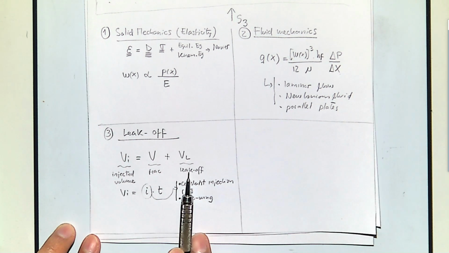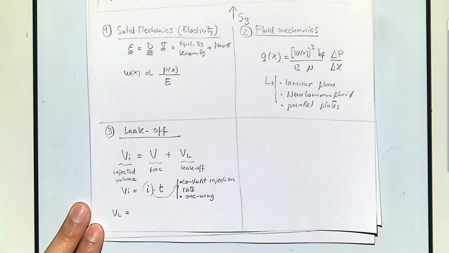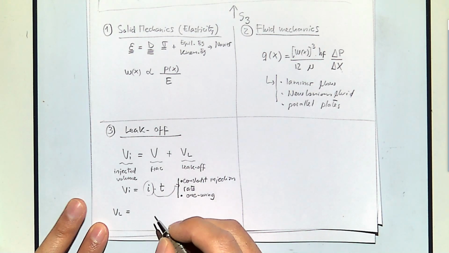Okay, so what we usually don't know very well is how much goes into the fracture, and the leak off, we can quantify that either with a very rigorous fluid flow simulation, or sometimes we can do something easier.